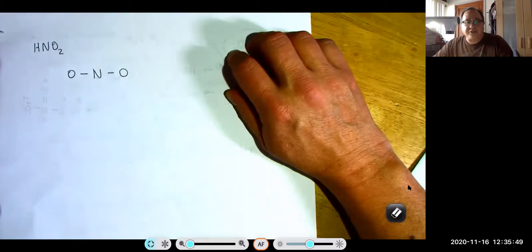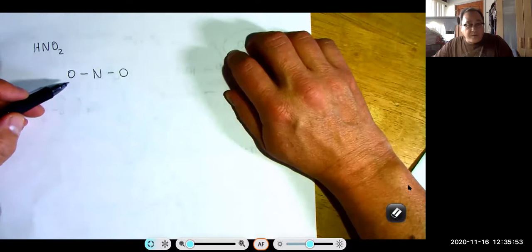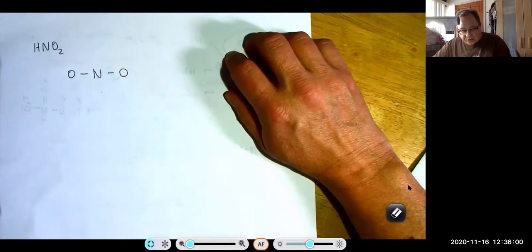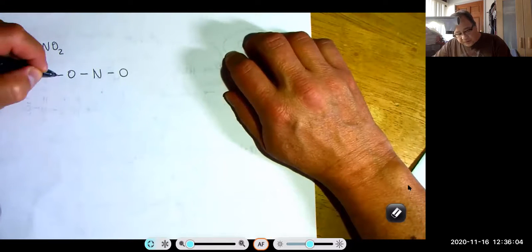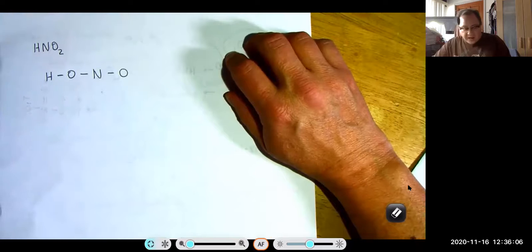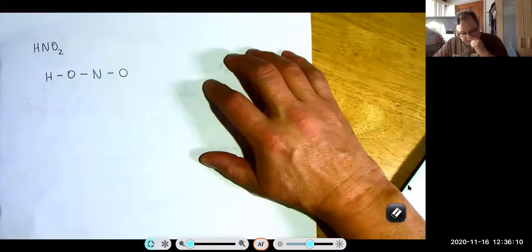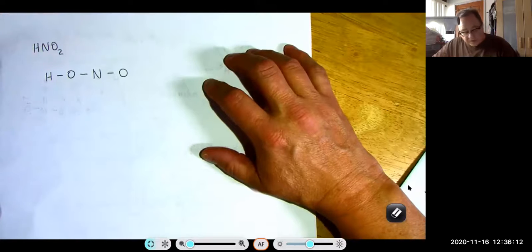Yes would be nitrogen, no would be oxygen. So the question is, do we put the hydrogen on nitrogen? No. Good. We're going to put it here. I always like to put it on the oxygen to the left. That's just my preference. Let's talk about how many valence electrons we have.